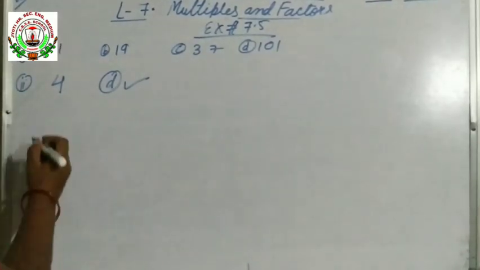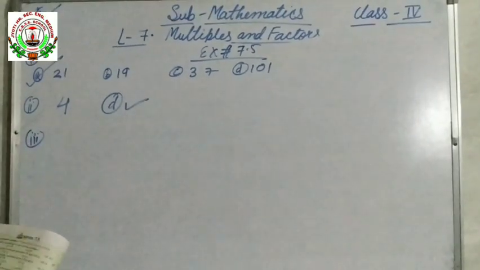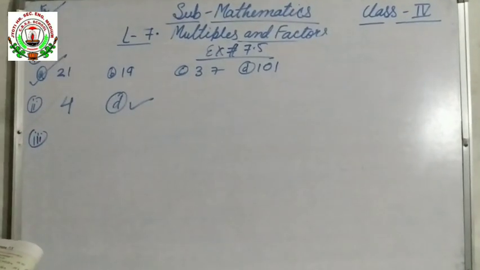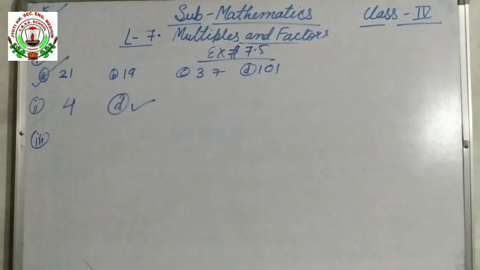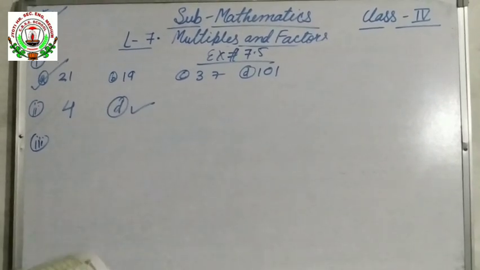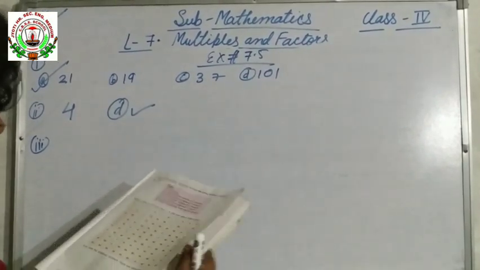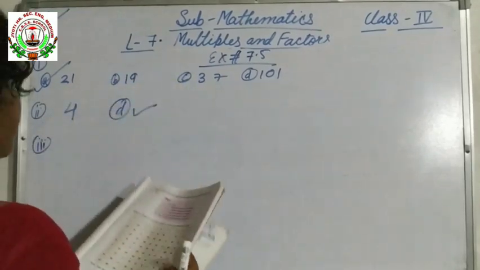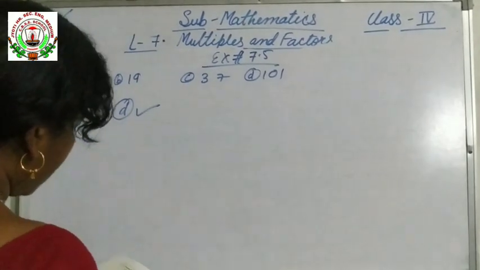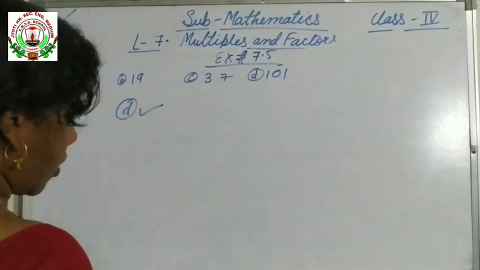Now next is question number 3. The number of composite numbers from 75 to 92. Children, here you will see on page 65, 75 to 92.